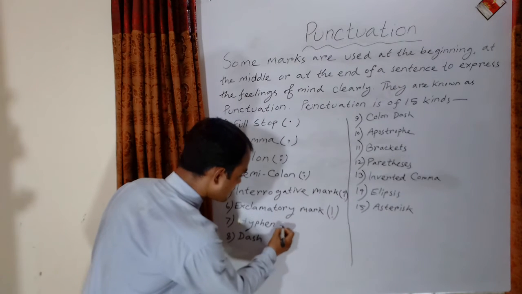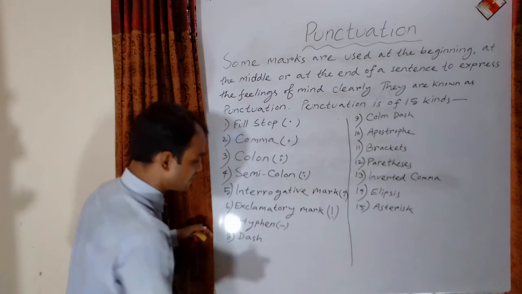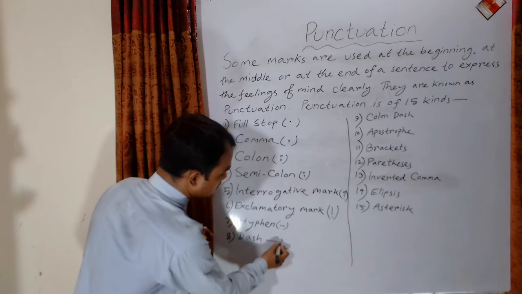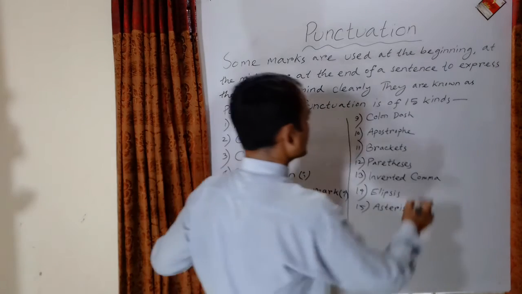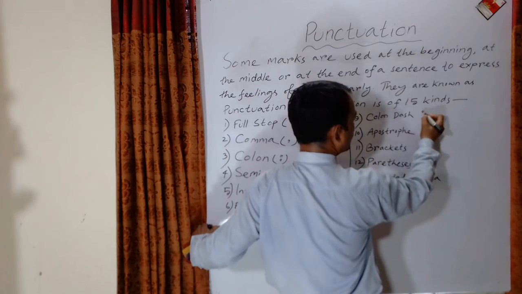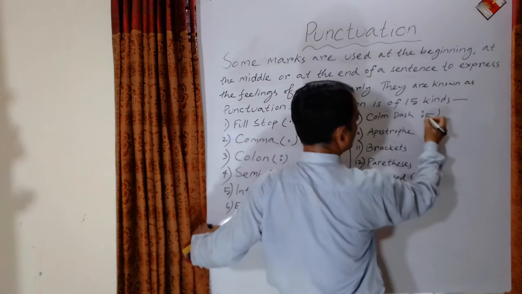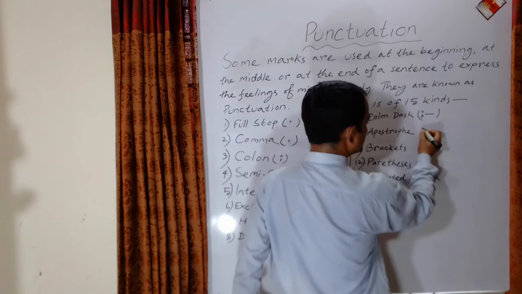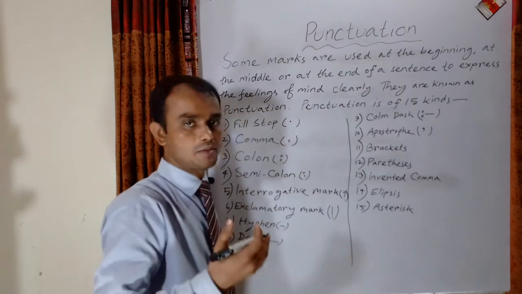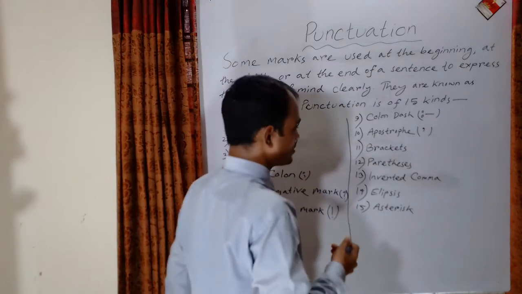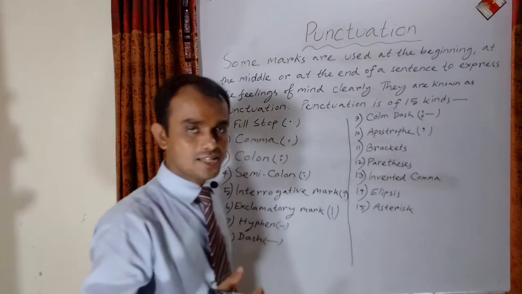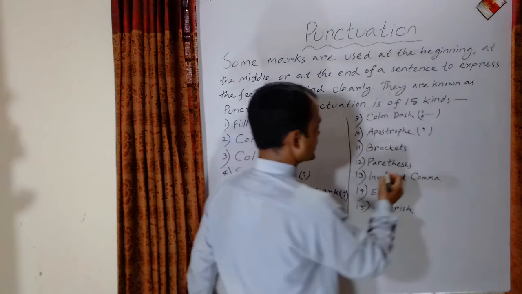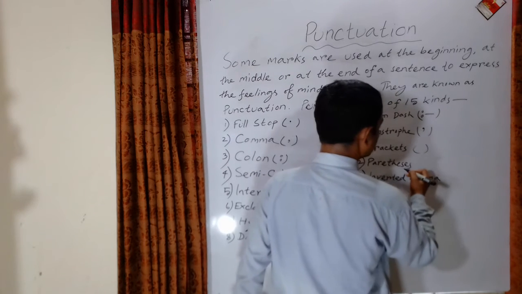Hyphen, it is hyphen. Dash, it is dash. Colon dash, colon as well as dash, colon dash. Apostrophe is like comma, but it is upper level of a word, and normal comma is lower level of a word. Bracket, this one is bracket.